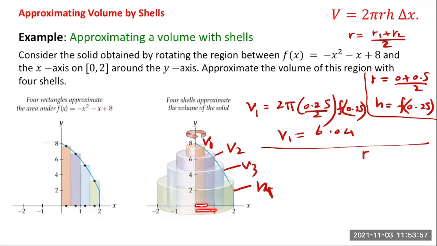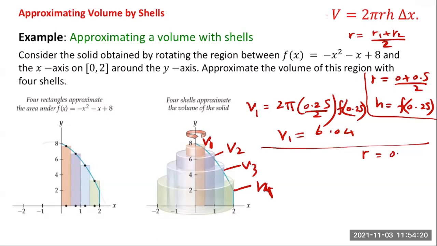If you take the summation of R1 and R2, this is R1, this is R2, that is exactly the midpoint of these 2 points, right? So if you take the midpoint of those 2 points, this point is 0.75. So you get R is equal to R1 plus R2 divided by 2.